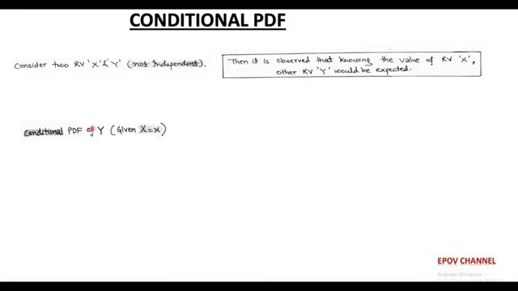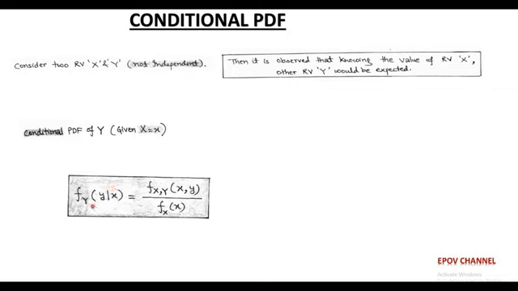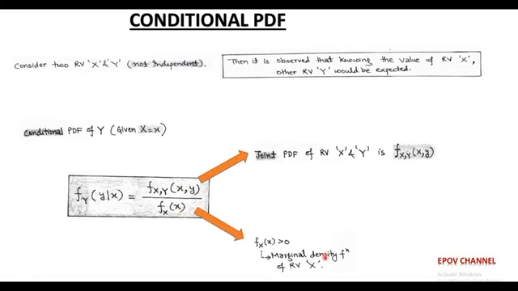Then conditional PDF of random variable y is given as a function, that is small f function y provided x is given and it is equals to the ratio of joint PDF upon marginal density function of given random variable. So conditional PDF correspond to random variable y is a ratio of f function x comma y upon f function x. Here f function x, that is marginal density function of random variable x, is a non-negative value.